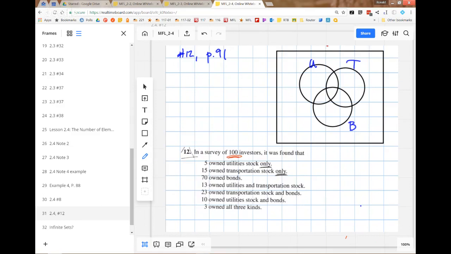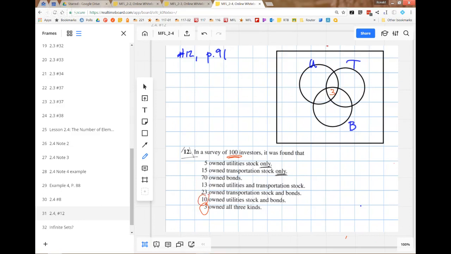So we know that. Now this one's a little different, and you're going to find this a little bit. Anyway, let's just start. We've got to start at the bottom, right? Okay. How many owned all 3? 3. So we start there.